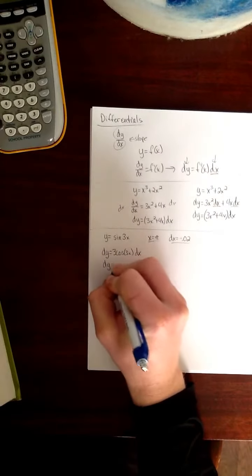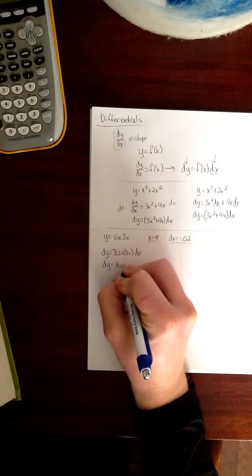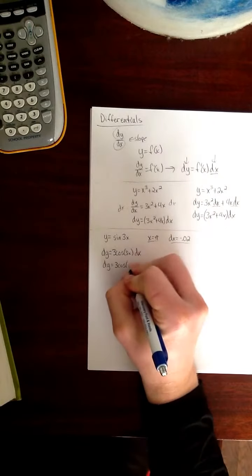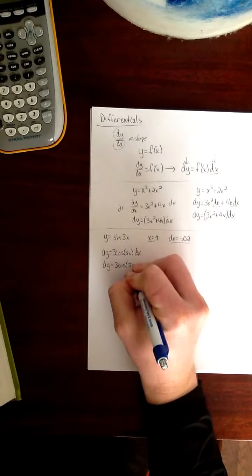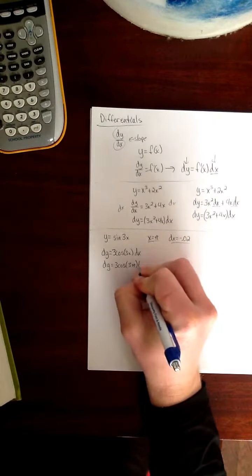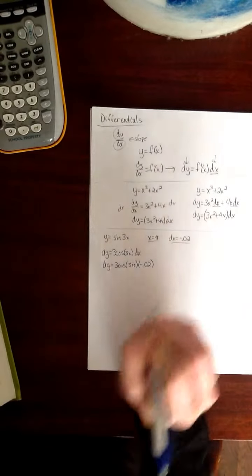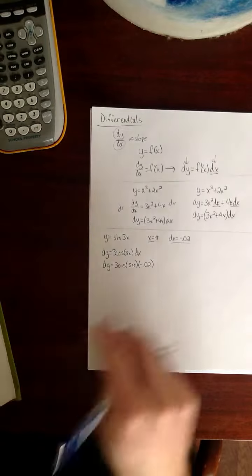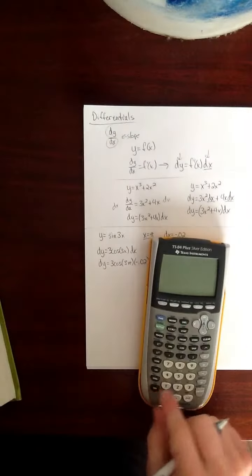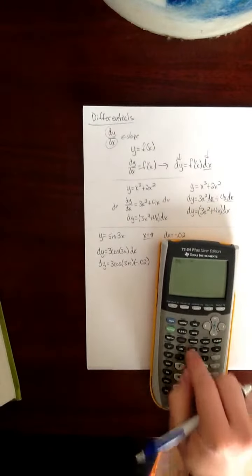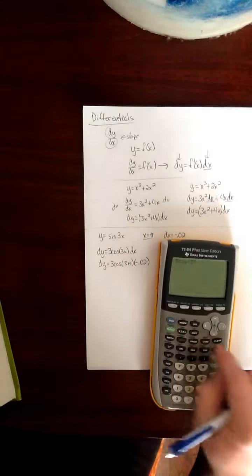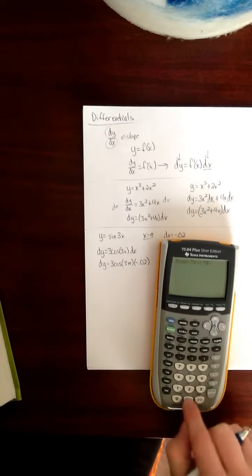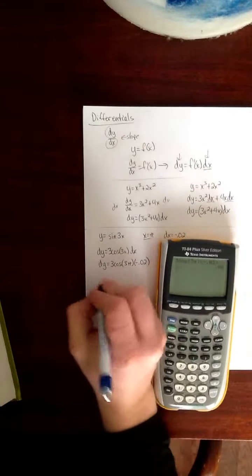So dy will equal 3 times the cosine of 3 pi times negative 0.02. And so if we calculate that, you just have 3 cos of 3 pi times negative 0.02, which is 0.06.